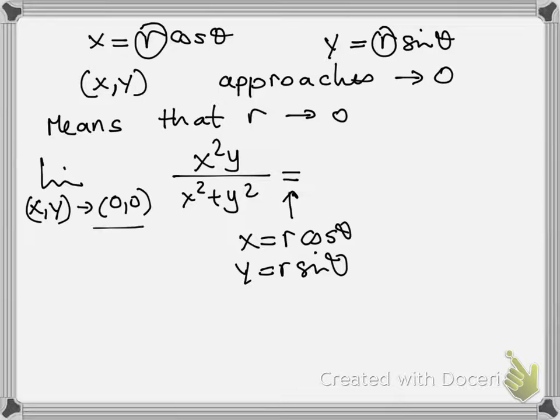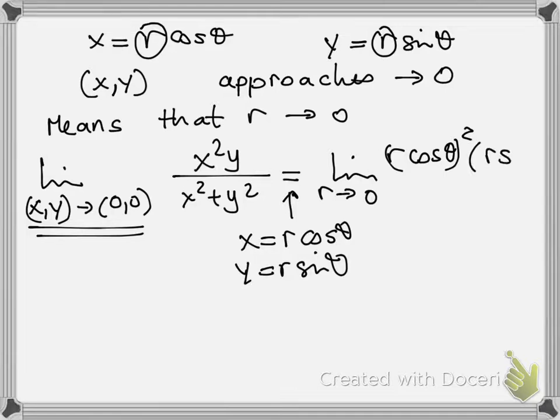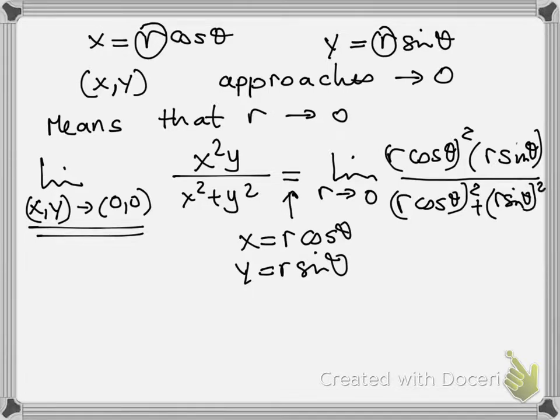So as I said, xy approaching 0 means that r approaches 0. So this is the limit as r approaches 0. x squared, that's r cosine of theta squared, times y, which is r sine of theta, over x squared, which is r cosine of theta squared, plus y, which is r sine of theta, that's another square.